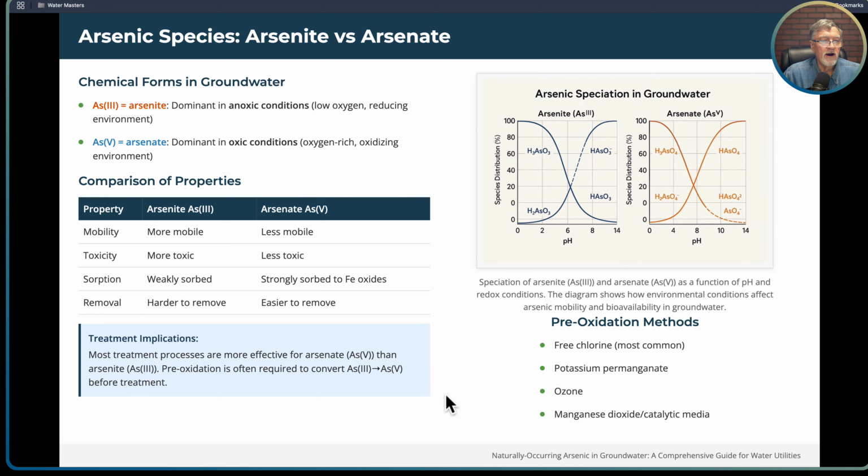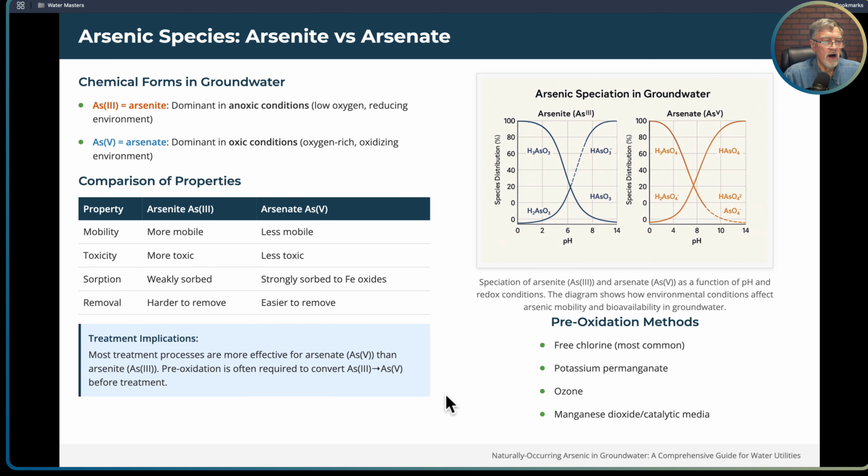All right, arsenic species. For our intents and purposes, we have two species of arsenic we've got to worry about: arsenite and arsenate. Arsenite is arsenic 3, and that's dominant in anoxic conditions, which are low oxygen and a reducing environment.